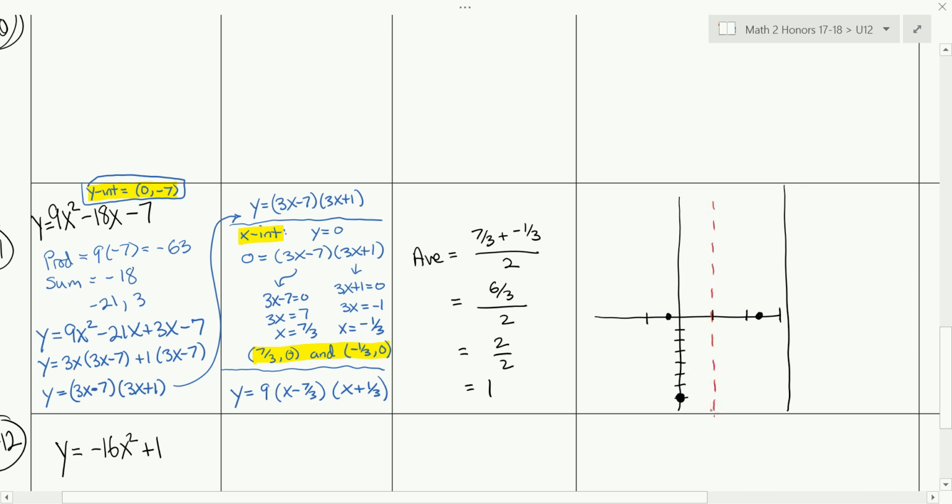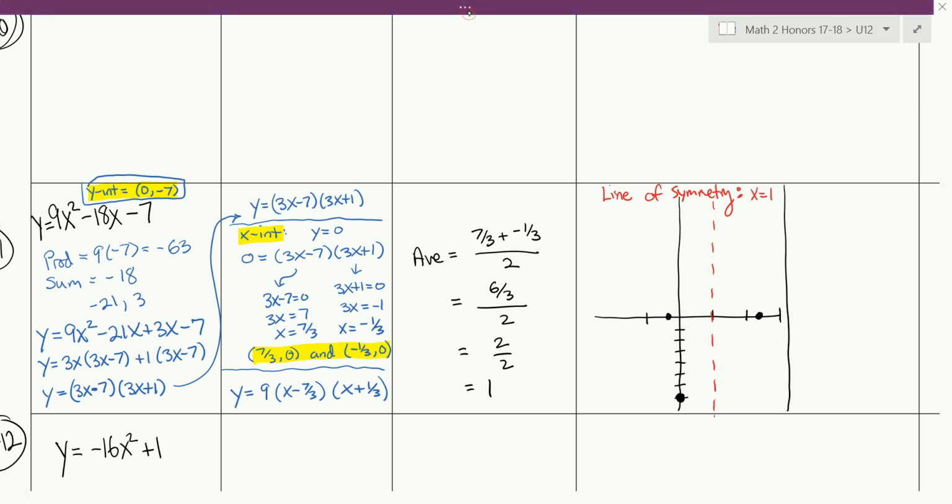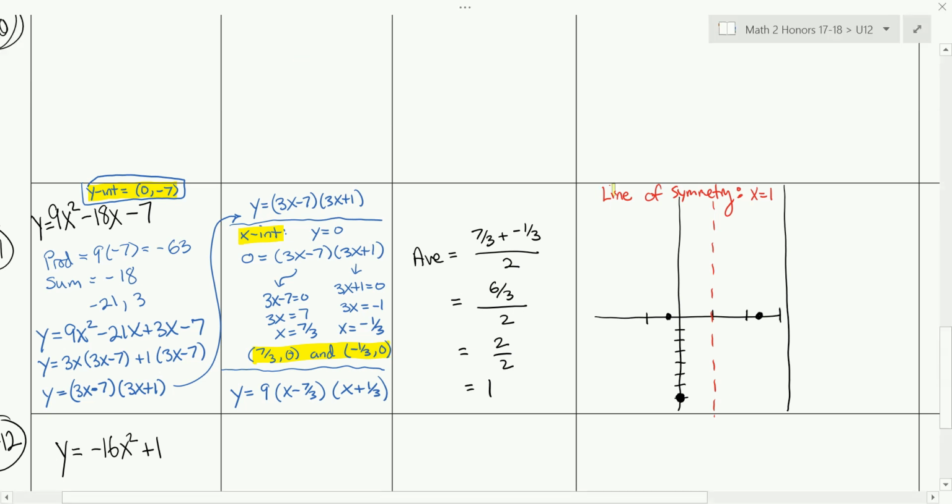But today it has another name. Anybody know the other name besides the axis of symmetry? The line of symmetry. Sometimes we call it an axis, sometimes we call it a line. It's both. But just so you don't forget, I'm going to write line of symmetry today. What's the equation of our line of symmetry? And that's another piece that we need to find.